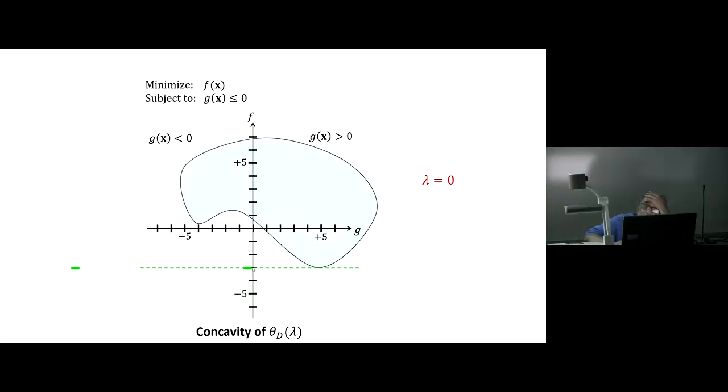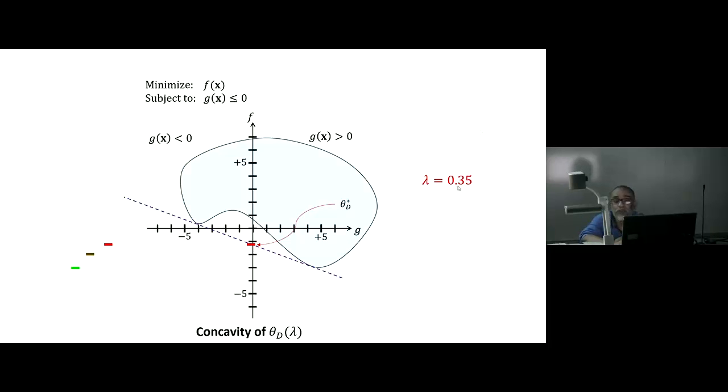It's a horizontal line, and so I put it here. Then we'll gradually increase lambda. Lambda equals 0.15, I put this marker here. So I increased lambda a little bit, and theta d lambda went up.